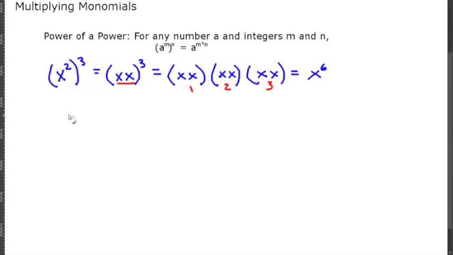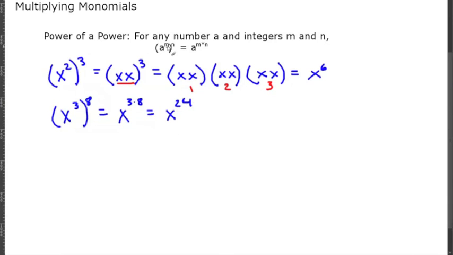Now let's say we had something like x to the third to the 8th. You are not going to want to write that all out. So that's where the formula comes in handy. We just do x to the 3 times 8. Because it would be x times x times x 8 times. So that would just be x to the 24th.